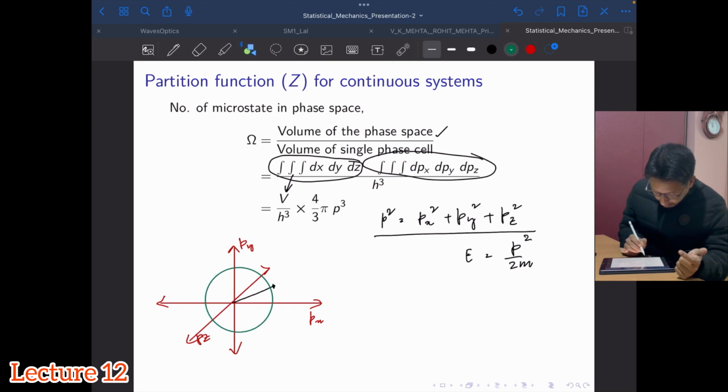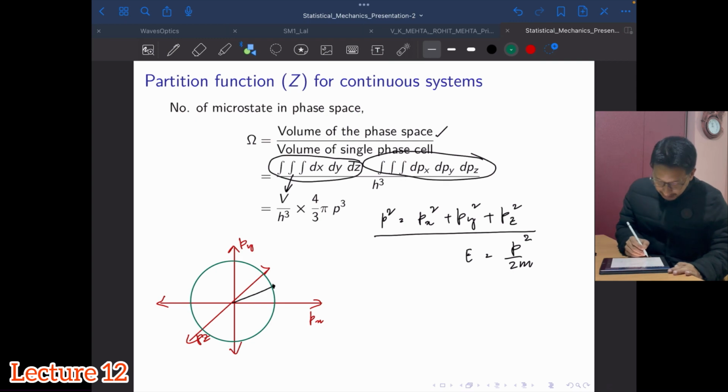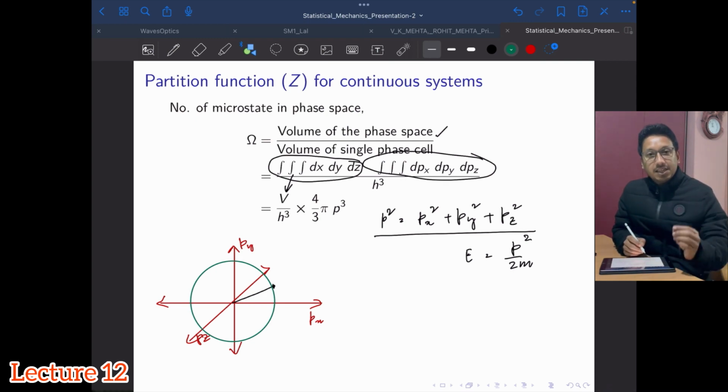Let me be careful about drawing this. I need a center here. The black line represents the radius, which is p. Sorry, this is p in this case.